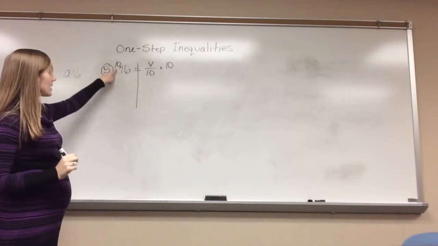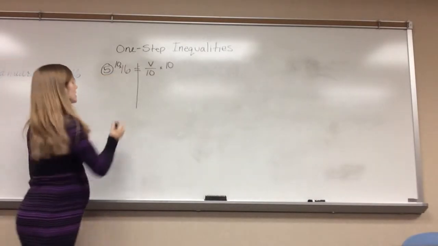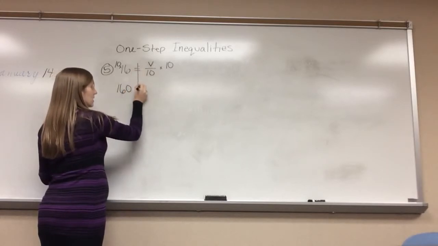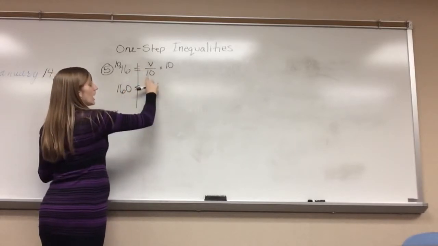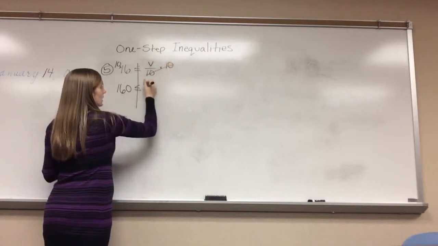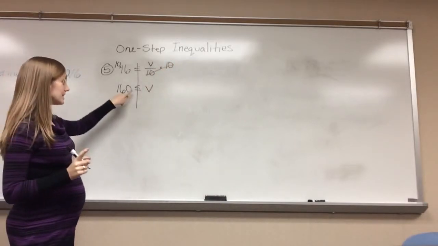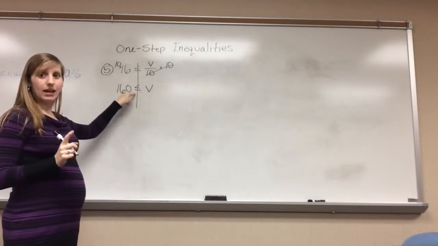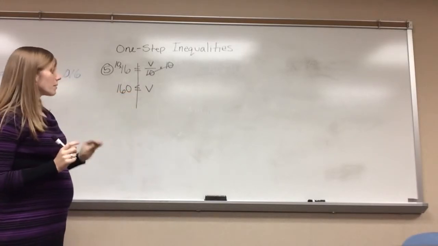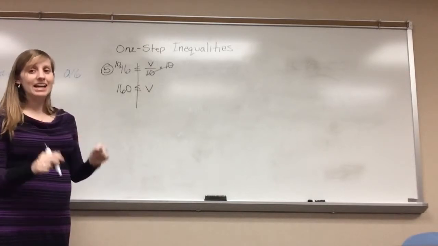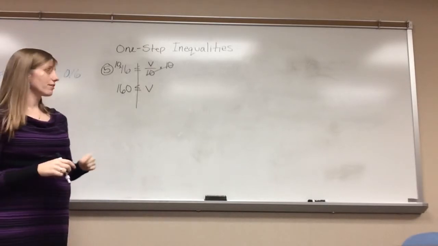Okay? 10 times 16 is 160. Bring down my inequality sign, and the 10s cancel out here, and we have v left over. Now, let's talk about why I didn't flip the inequality sign. I left it the same here. Remember, our rule was if you multiply or divide by a negative number, that's when you flip the inequality.